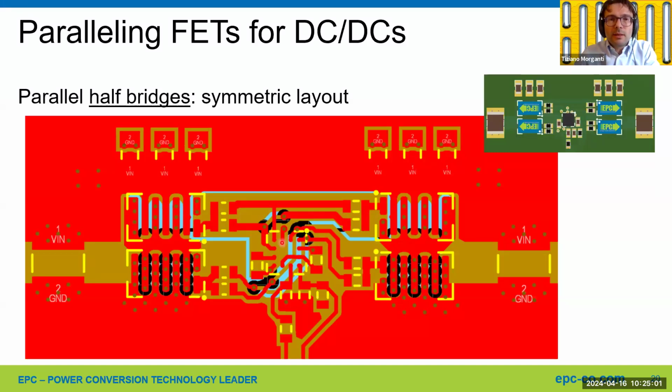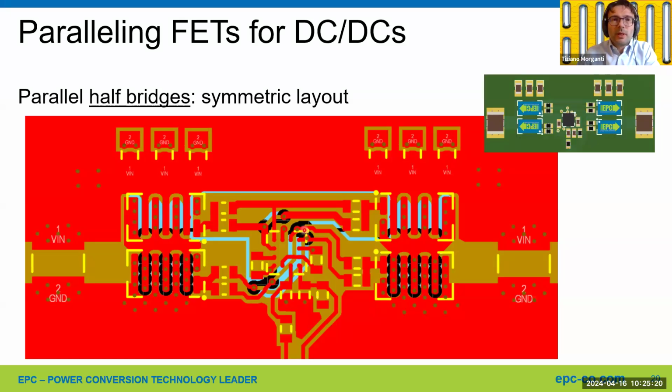On the low side gate drive, we had to do a little more of a trade-off. So we have those two tracks going to the low side device, and then we had to route them on an inner layer to drive the other low side device.